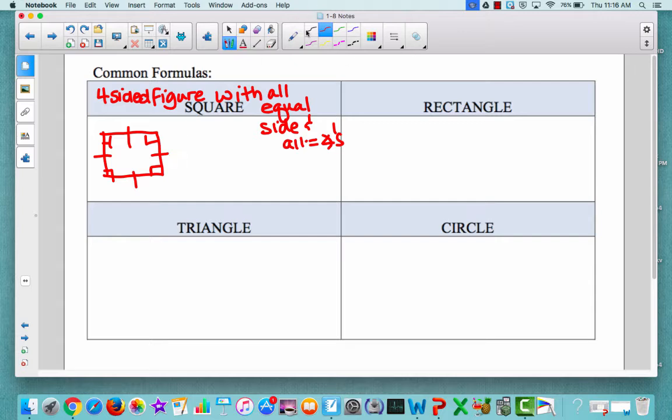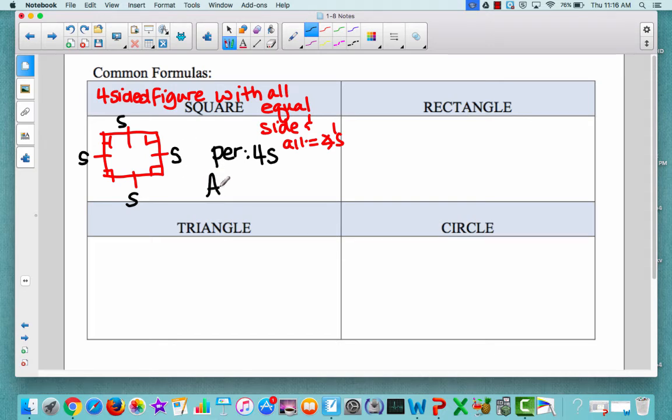So that's my square. If I told you that the side of the square, we're going to call it S, and I asked you to find the perimeter, then all four sides would be S, so I would label them. If I add up all the sides, S plus S plus S plus S, I would get 4S. So that's the formula for the perimeter of a square.